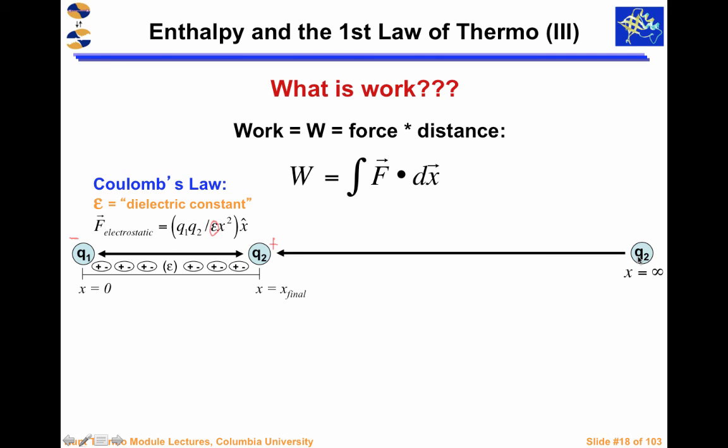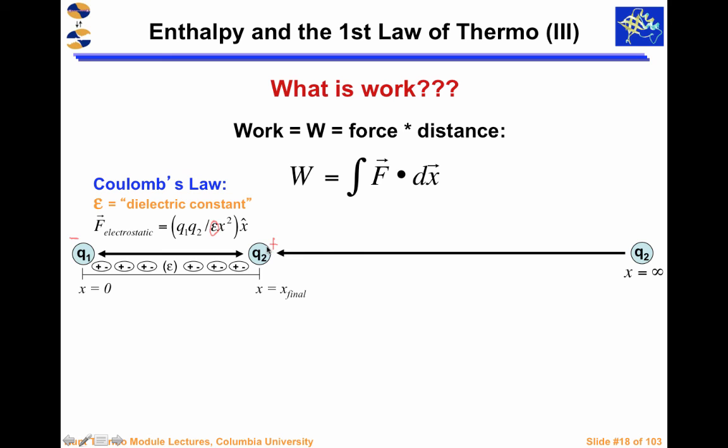When the charges are infinitely far apart, they are basically not interacting energetically. Then we consider what happens as you let charge 2 move under the influence of the electrostatic force between them. We're going to take charge Q2, start it infinitely far away from Q1, and then let the electrostatic force bring them together.